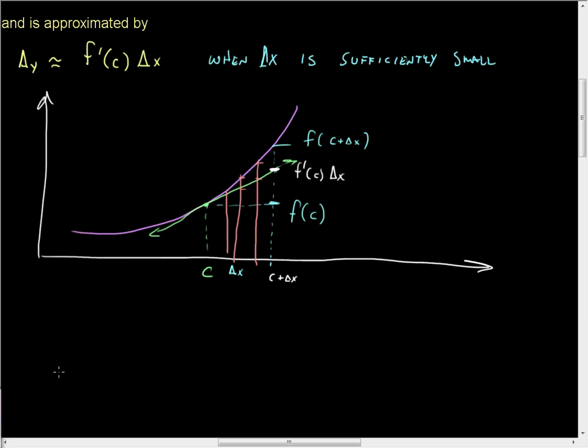So if we let our delta x tend to 0, then our change in y will tend to f prime of c delta x.